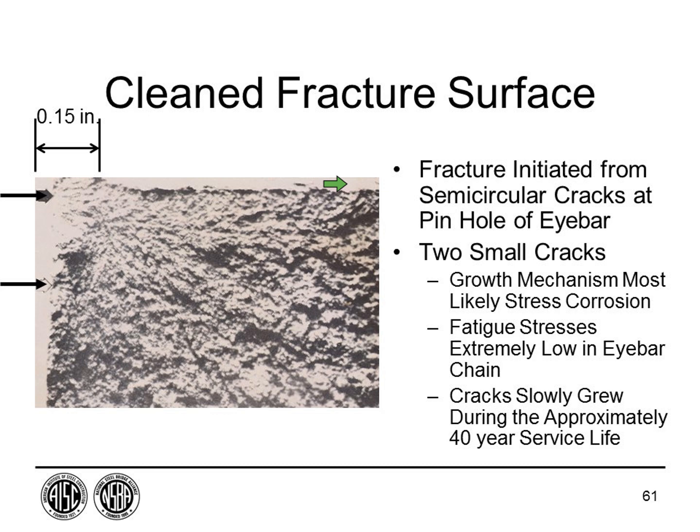So this is the surface. This is where the pin was. And you see these little fan-shaped areas right here. Those were the cracks that formed in the eye bar in its 40 years of service. And they're only about 1/8 of an inch deep. That small crack that formed during that time caused that brittle failure.